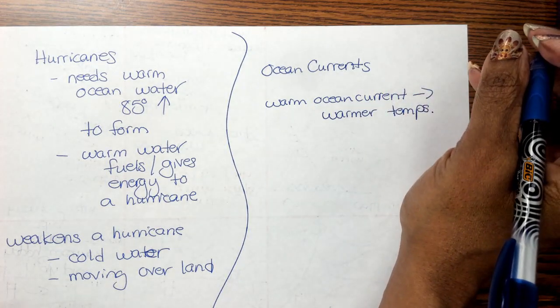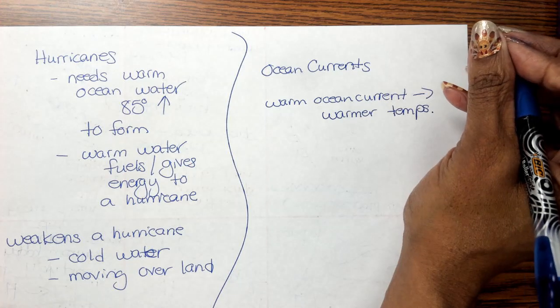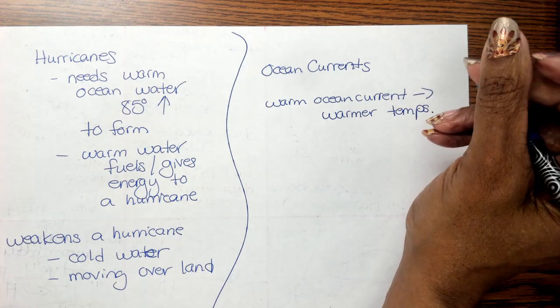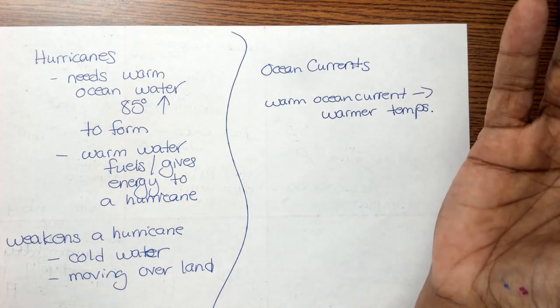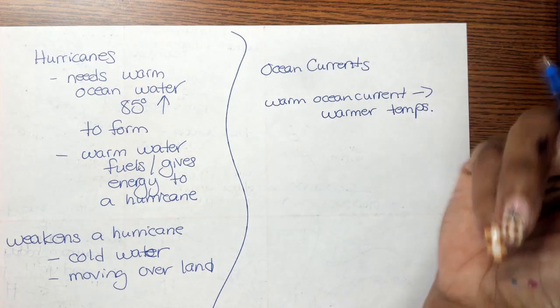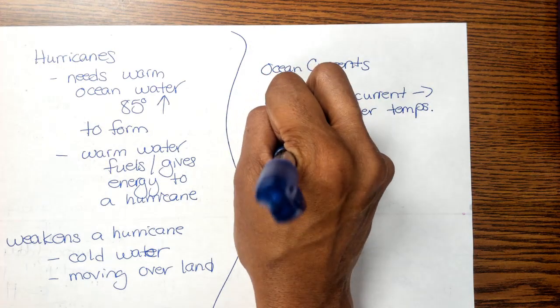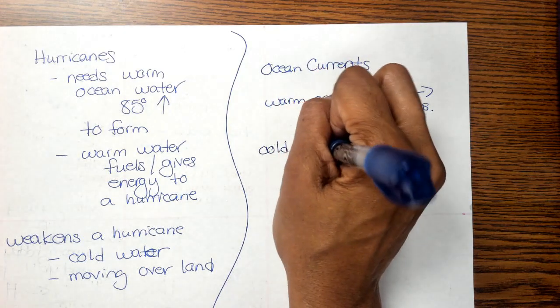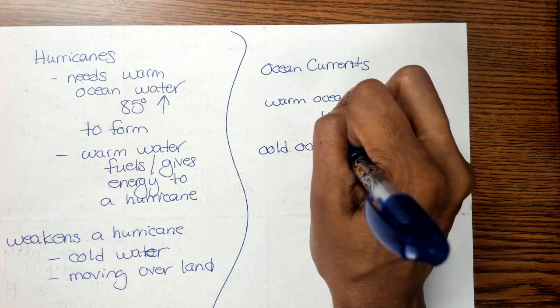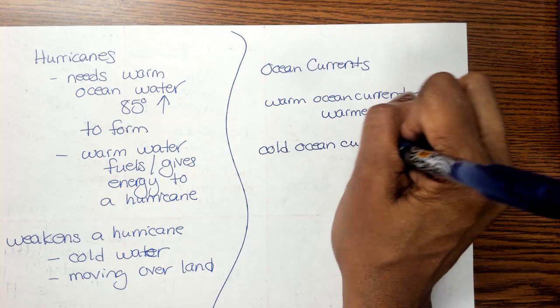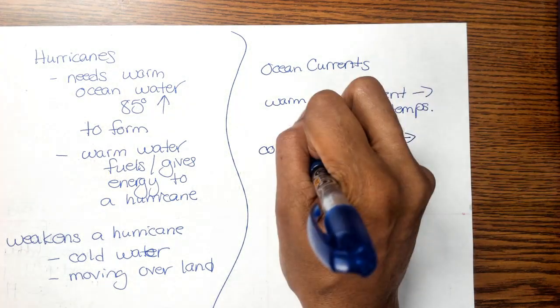Gulf of Mexico is a warm current. That, in addition to the fact that Houston is so close to the equator, you're going to have warmer temperatures. And if you live near a cold ocean current, such as the Pacific Ocean, which San Francisco is near, you're going to have cooler temps.